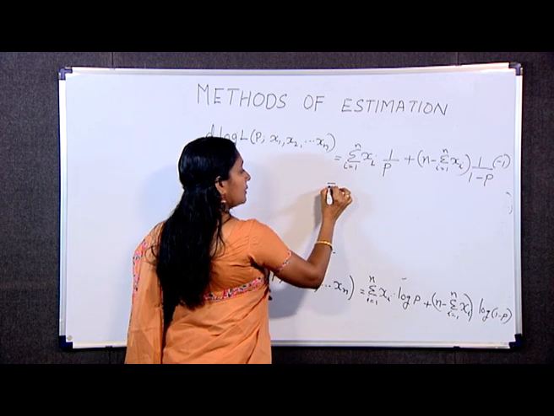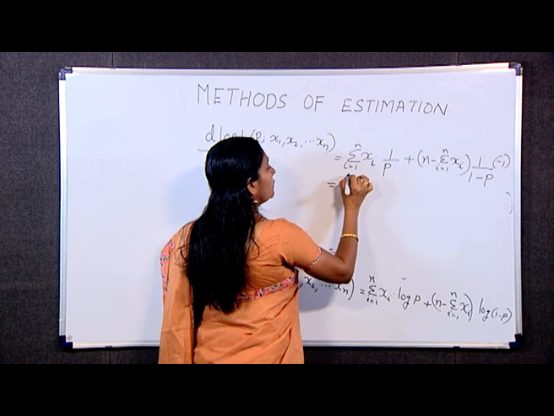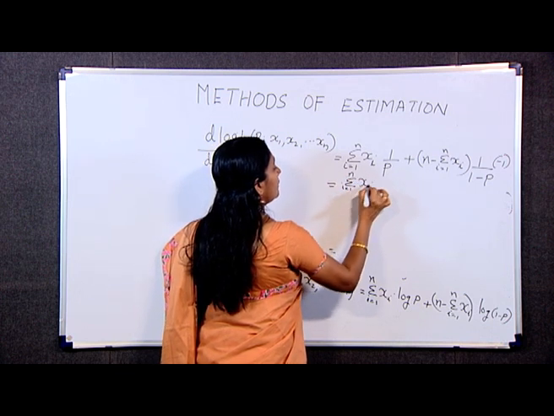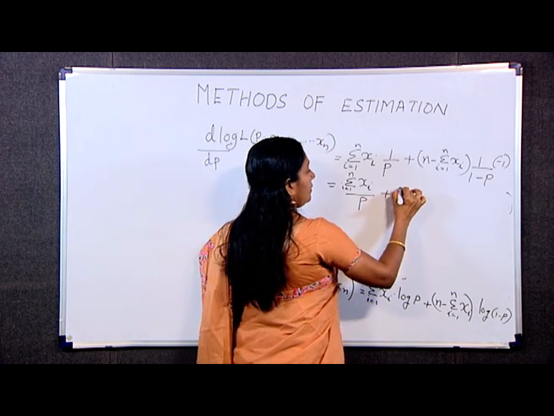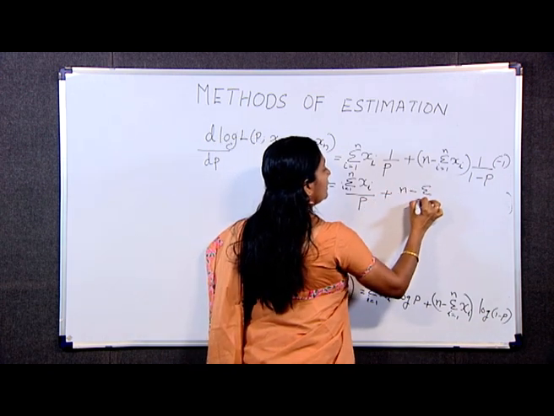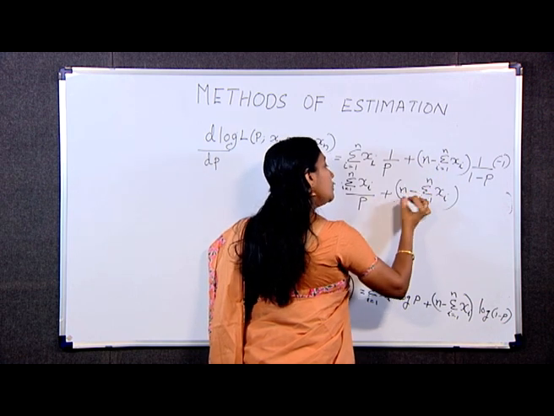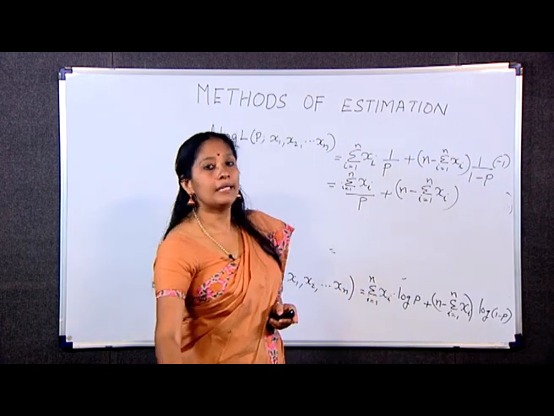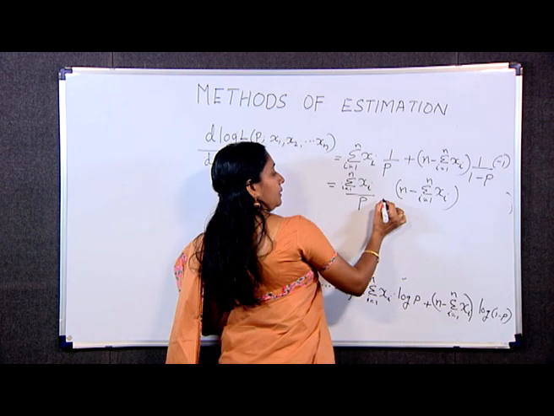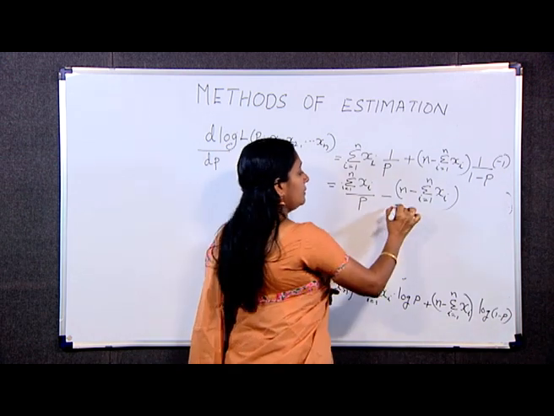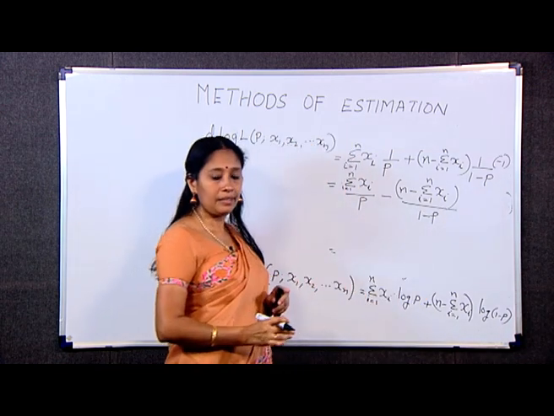So, this is exactly equal to summation i = 1 to n xi divided by p plus (n minus summation i = 1 to n xi) into minus 1 divided by p. So, we can write instead of plus here a negative symbol, and this is (n minus summation xi) divided by (1 minus p).